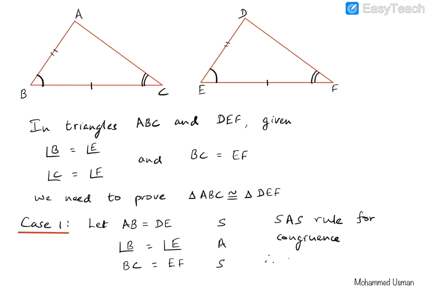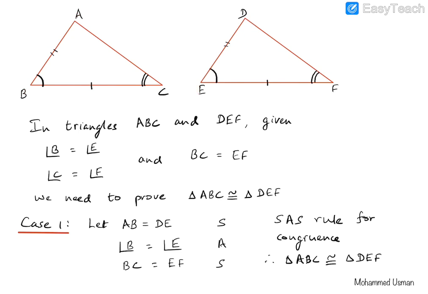So therefore the two triangles, triangle ABC is congruent to triangle DEF. So congruence is proved by the SAS rule, when we consider the side AB to be equal to the side DE.